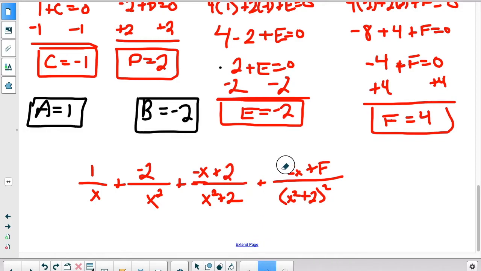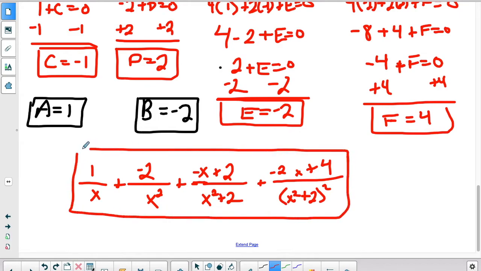Found the value of e as negative 2. And we found the value of f to be 4. And this right here, after all that work, is our final answer when we plugged back in for A, B, C, D, E, and F. And that's all we have to do for this problem here.